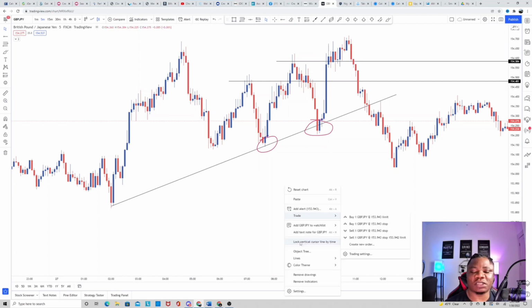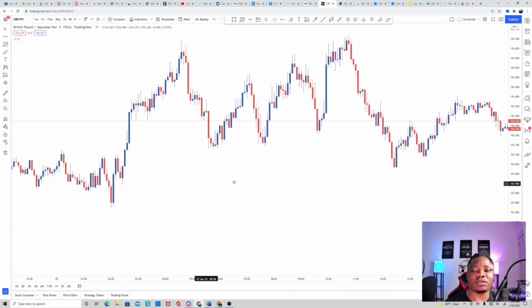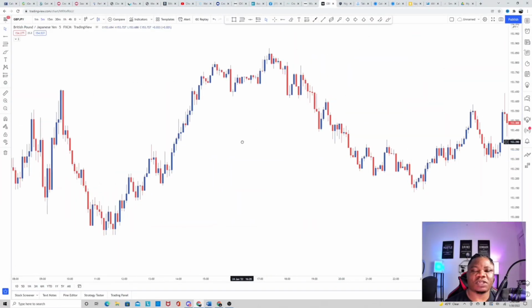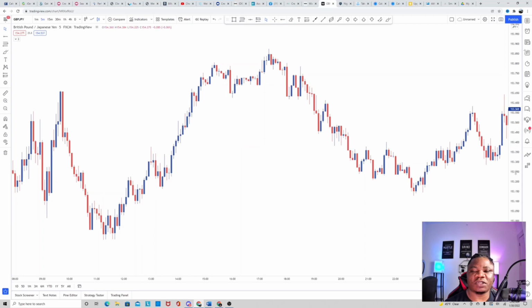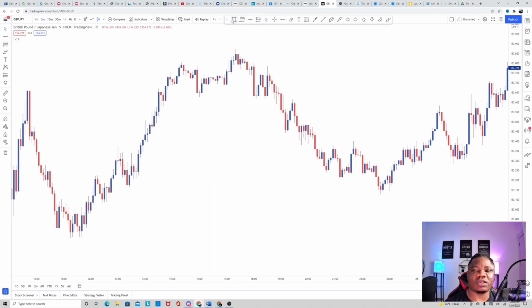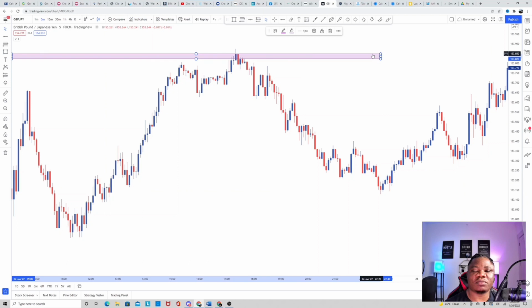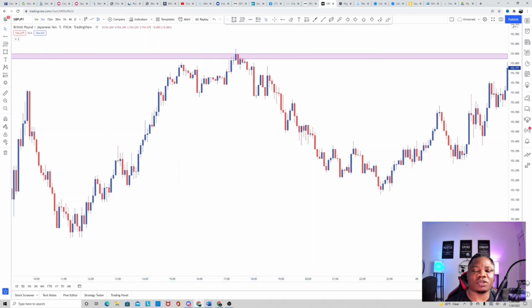So now we're going to take a look at the sell position. For this sell position, all we need to do is figure out our highs and our lows. We can see we have a high right here. This was our most recent high, because we have a rejection there, and we had our previous low here because we also had a rejection right there.